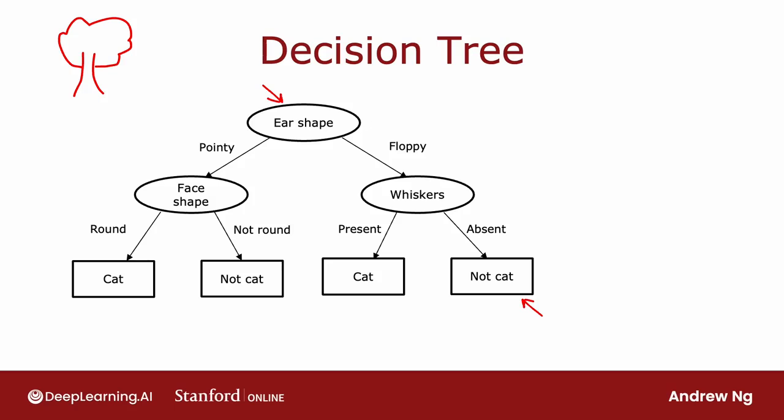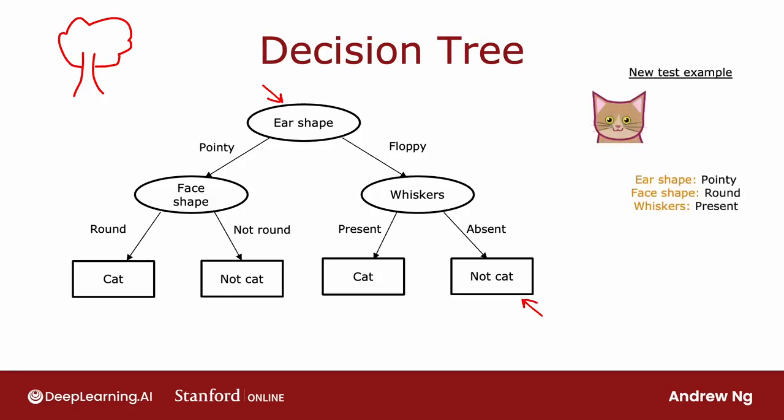And the way this model works is if you have a new test example. Here's a cat where the ear shape is pointy, face shape is round, and whiskers are present. The way this model will look at this example and make a classification decision is, we'll start with this example at this topmost node of the tree. This is called the root node of the tree. And we will look at the feature written inside, which is ear shape. Based on the value of the ear shape of this example, we'll either go left or go right.